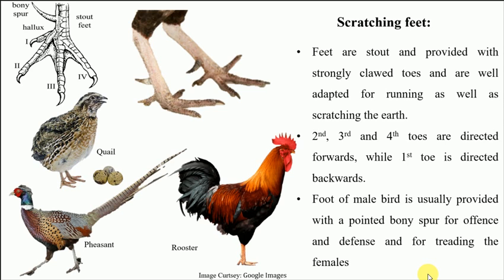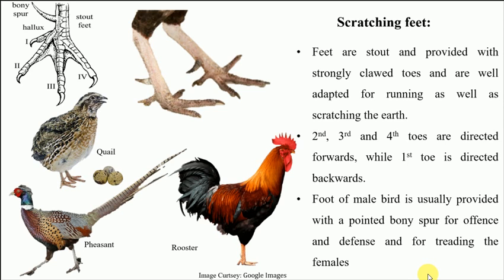The feet are stout and are provided with strongly clawed toes, as well as being adapted for the purpose of running and scratching the earth. The second, third and fourth toes are directed forward, while the first toe is directed backwards.